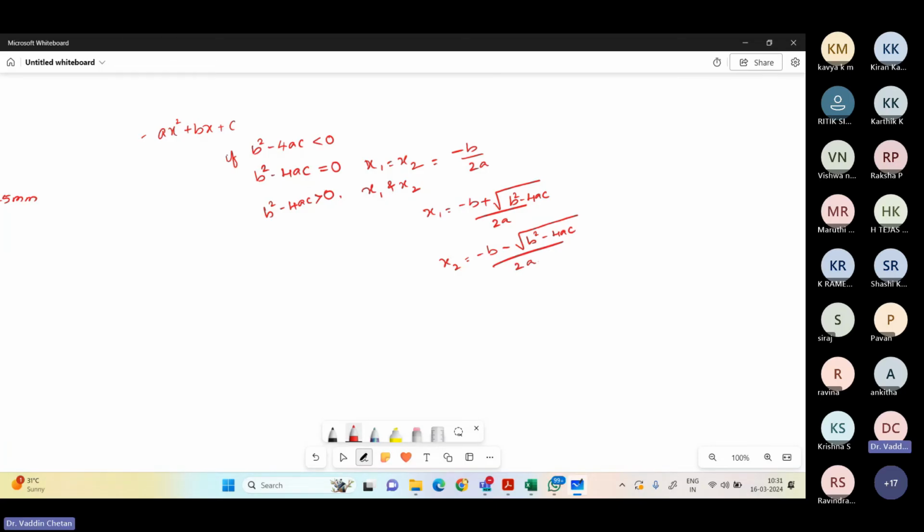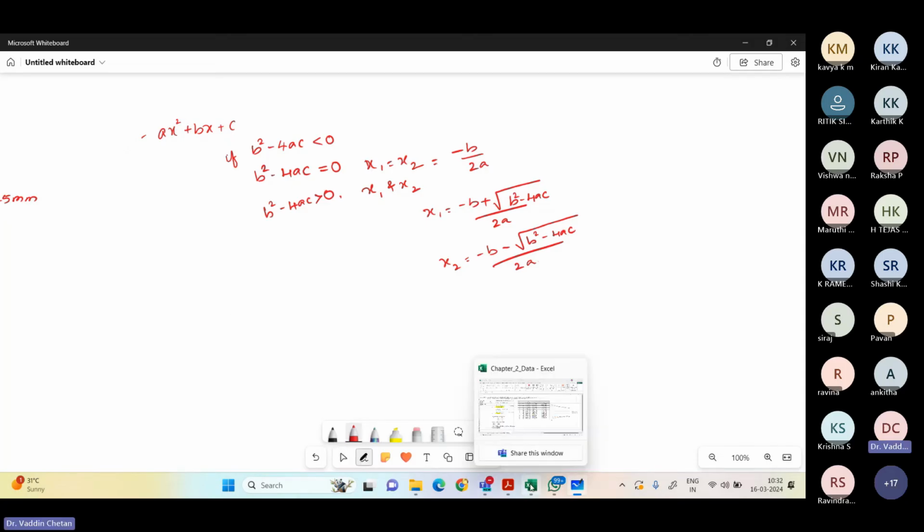Right? So this is a basic funda you should understand. First and foremost, we need to check b square minus 4ac, whether it is less than 0, equal to 0, or greater than 0. And as per that condition, we are going to get one root, or two roots, or no roots. Right?